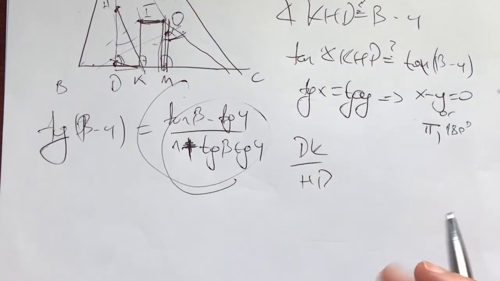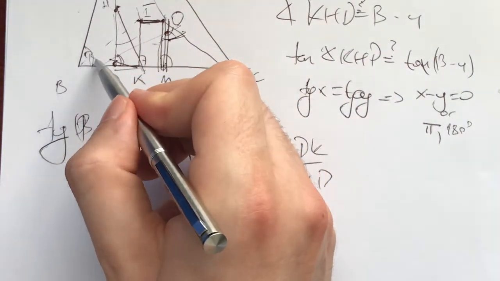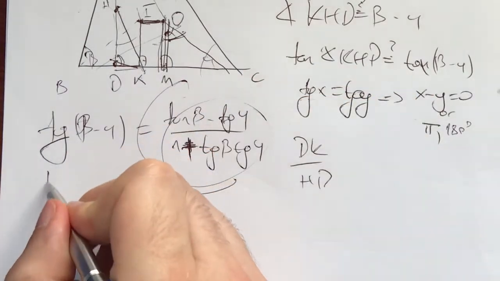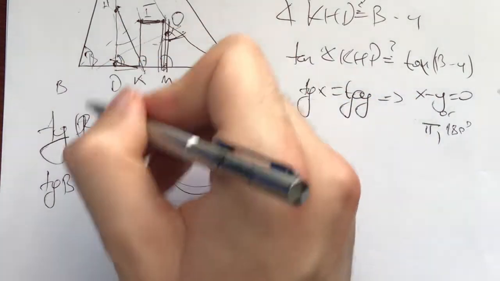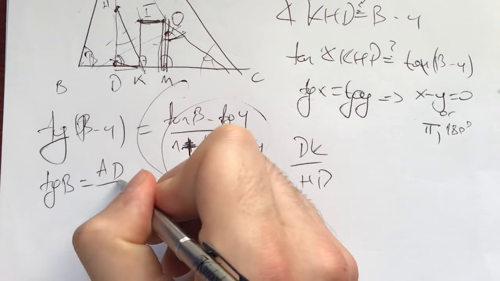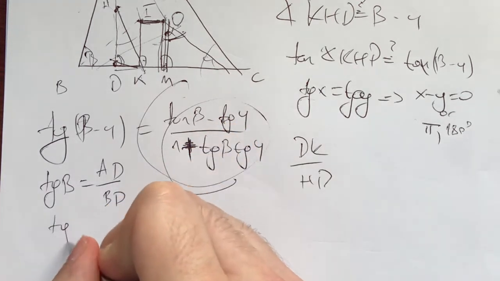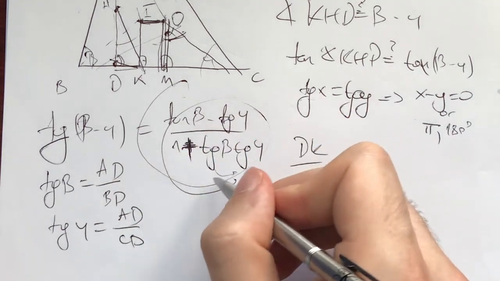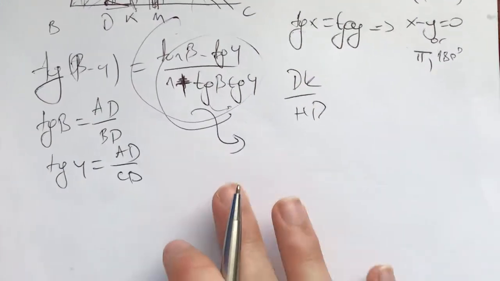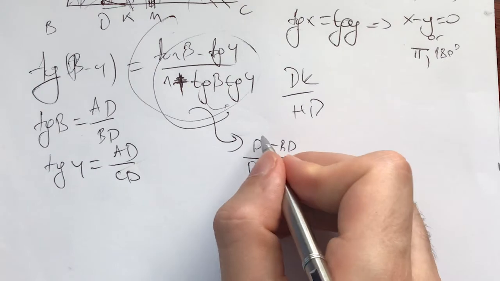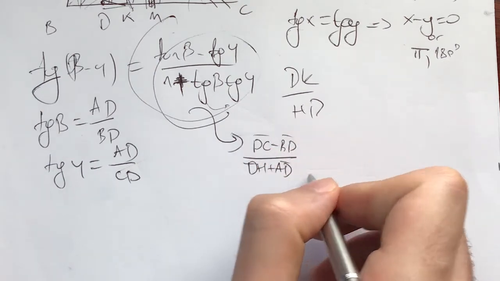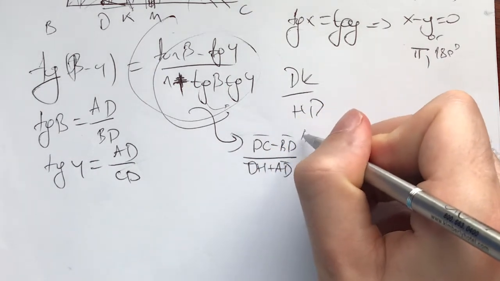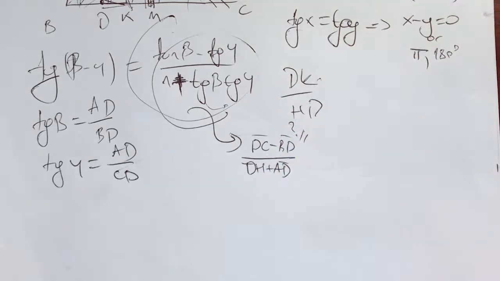And the way we would do this is, this is beta, this is gamma, and then we know that tangent of beta is equal to AD over BD, and tangent of gamma is equal to AD over CD, and then this thing right here would transform into DC minus BD over DH plus AD, and we will need to prove that this thing is equal to this thing right here.